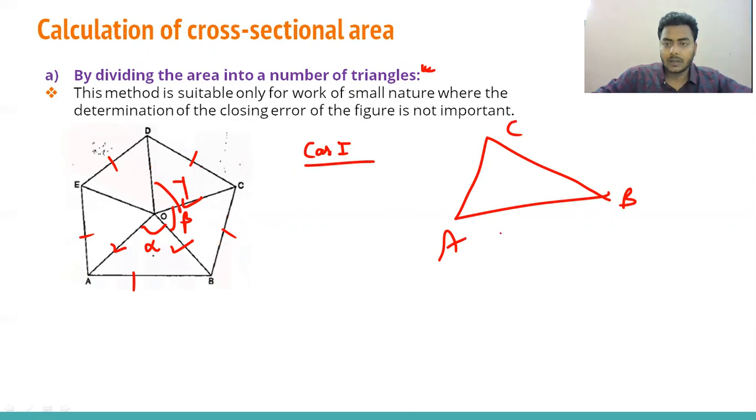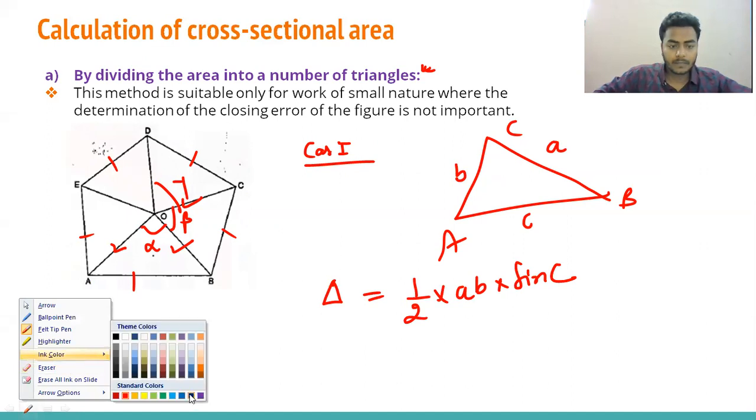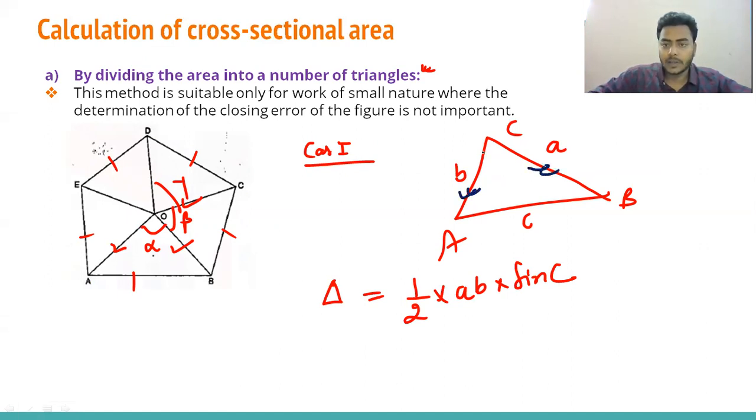In this case, the area of the triangle would be half into a b sine C, where C is the included angle between these two sides. So multiplying these two sides with the sine of the included angle, we can get the area of this triangle.